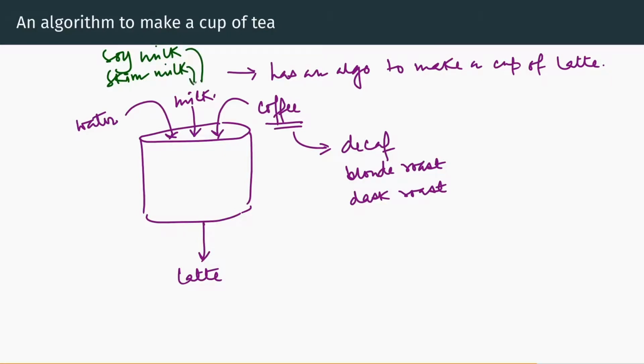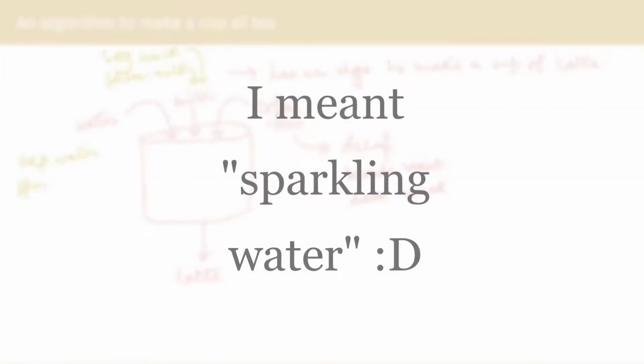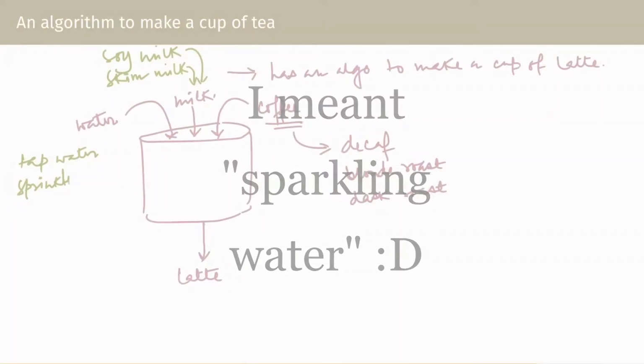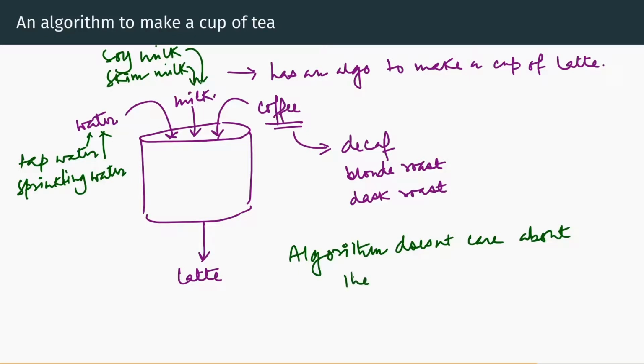These are the types of milk that you can pass. Water, you can pass tap water. If you want to pass sparkling water for some reason, you can pass it. It would taste horrible maybe, but you can pass it, because the algorithm does not care about the inputs.